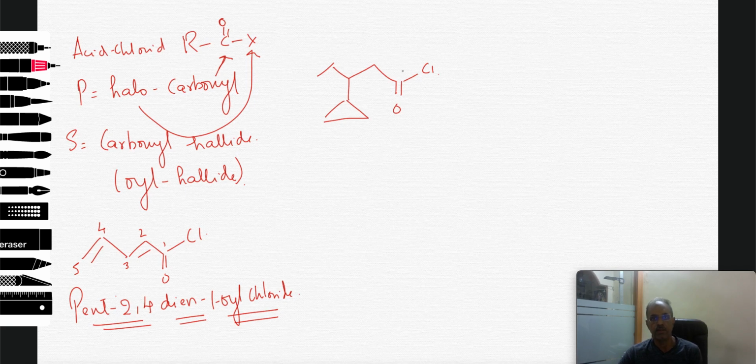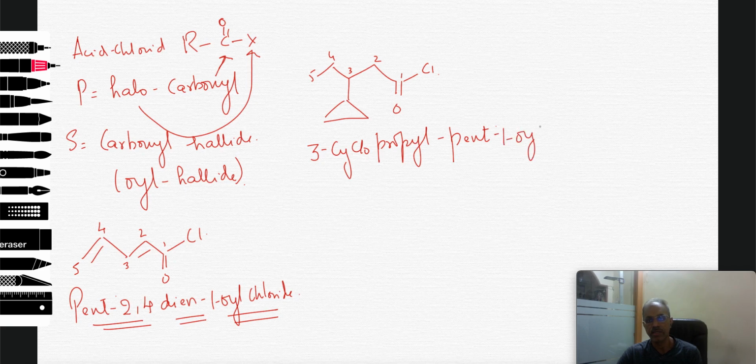Fine. Now this again 1, 2, 3, 4, 5. So 3-cyclopropyl and 1-oyl chloride.